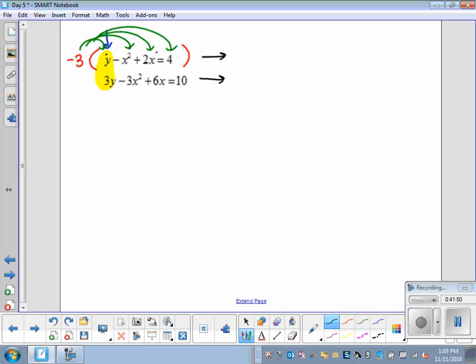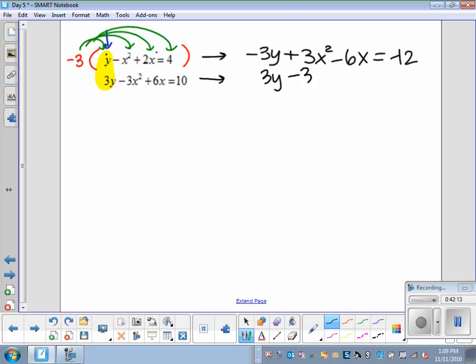So then this first equation becomes -3y plus 3x squared minus 6x equals what? And the second one, do we do anything in the second one? Nothing, not a thing. Keep it the same.